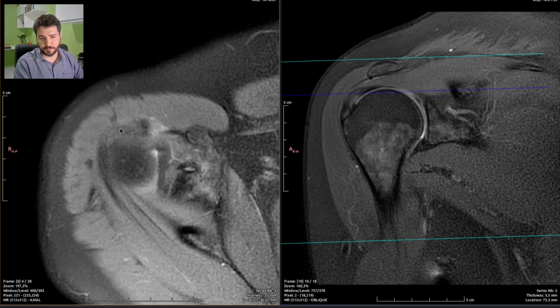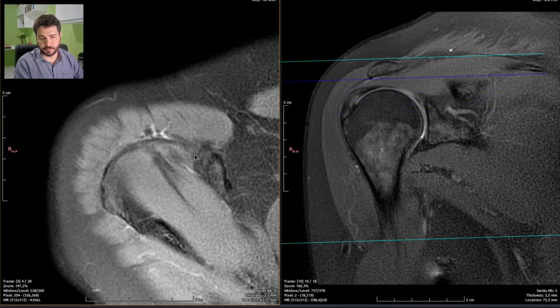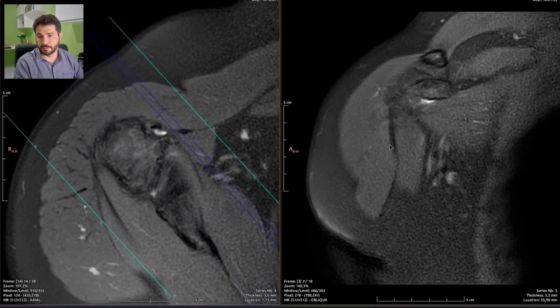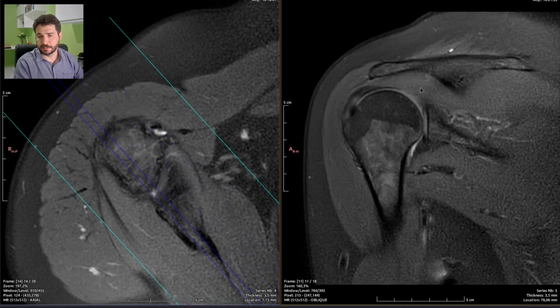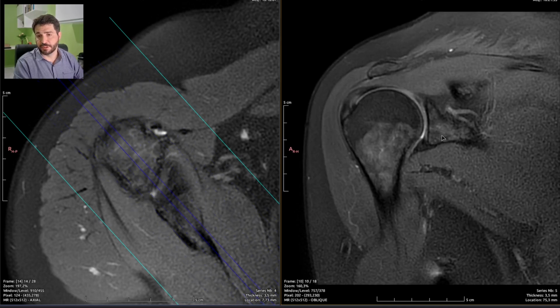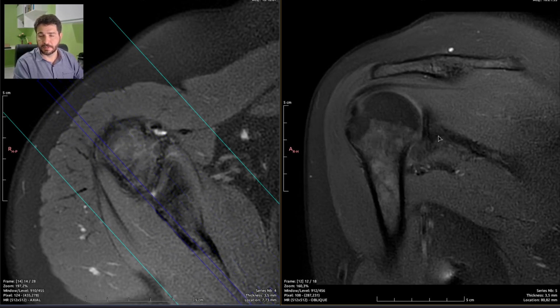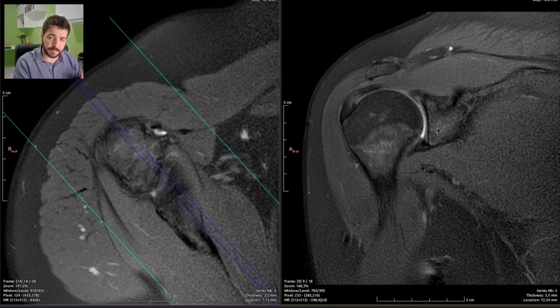There could be a mild edema at the site of the bursa. Since this is a PD, if there is just mild edema and the fat saturation is made in a really fast acquisition time, sometimes the mild signs of liquid can be blurred out.